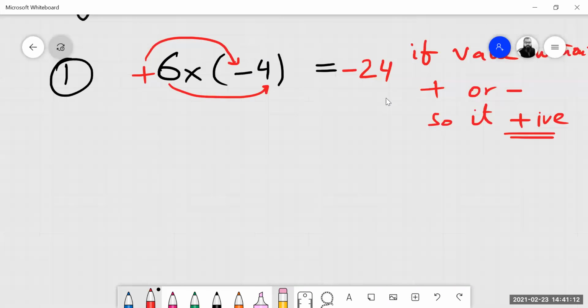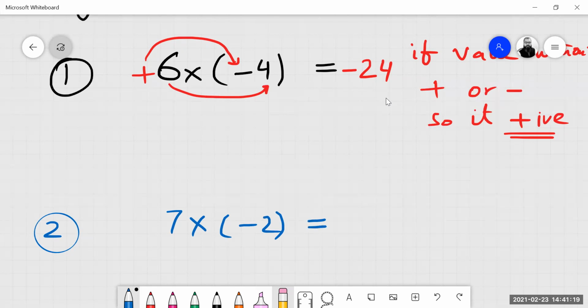Now question number 2. 7 multiply minus 2. Anyone can tell me what will be the answer? Minus 14.